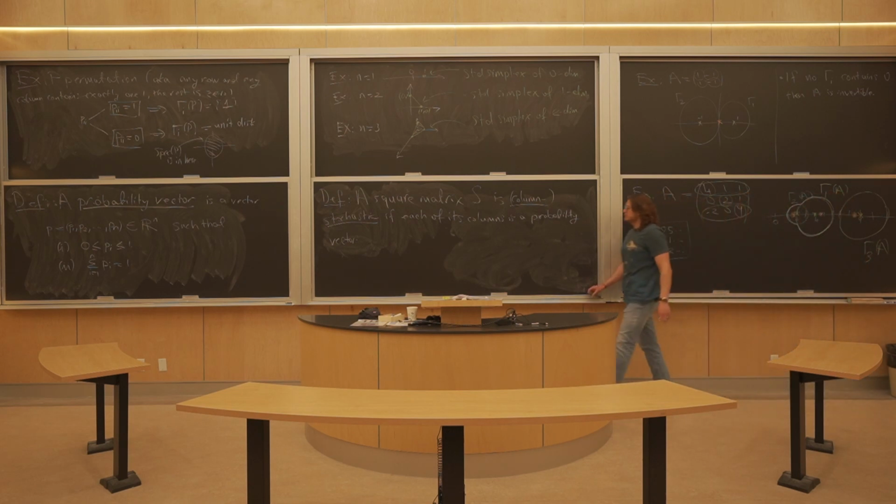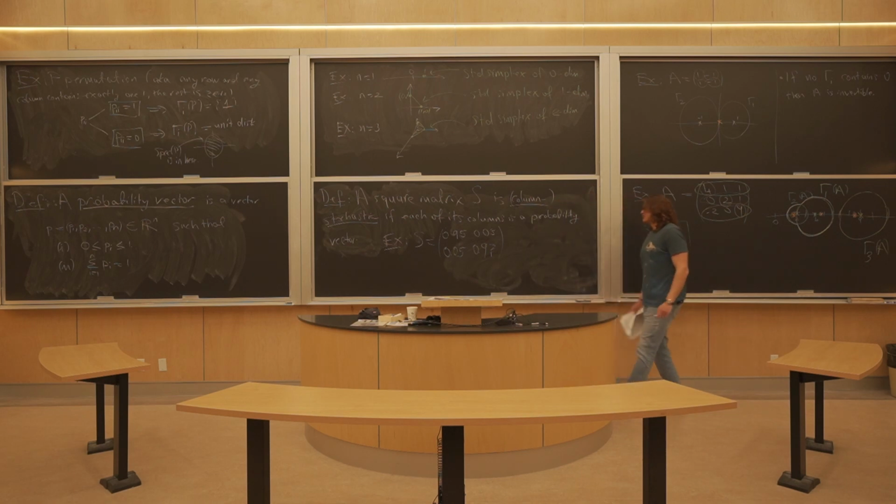Okay. Now let's interpret this. So this example that I erased, let me just write it again here. 0.95, 0.97, 0.03, 0.05.